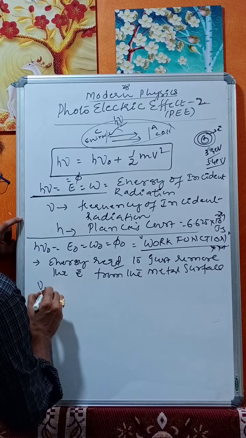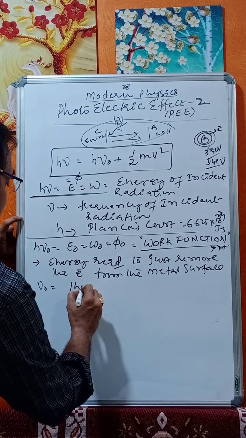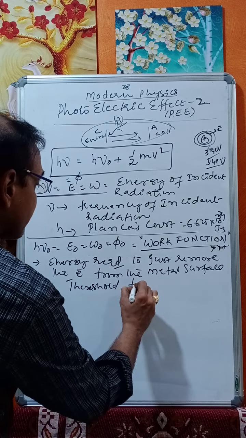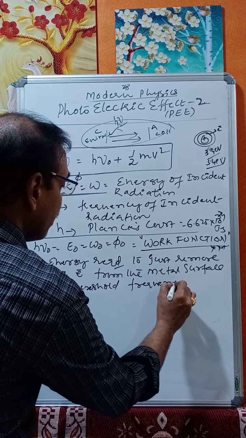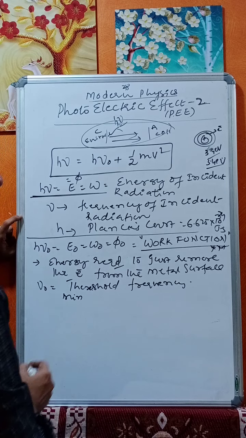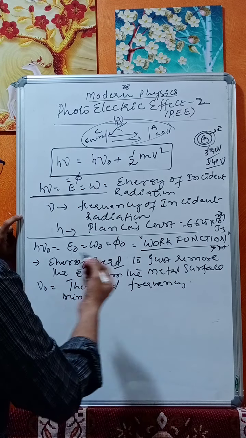And what is nu naught? Nu naught is the threshold frequency. Threshold frequency means the minimum frequency of the incident photon to remove the electron.